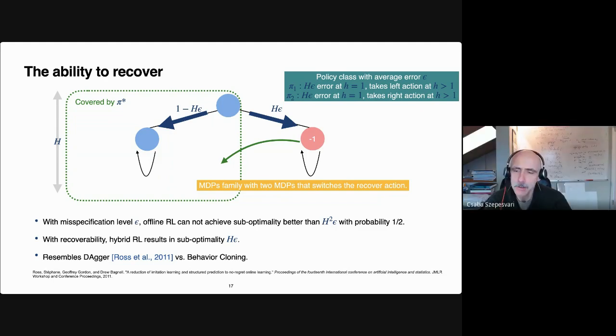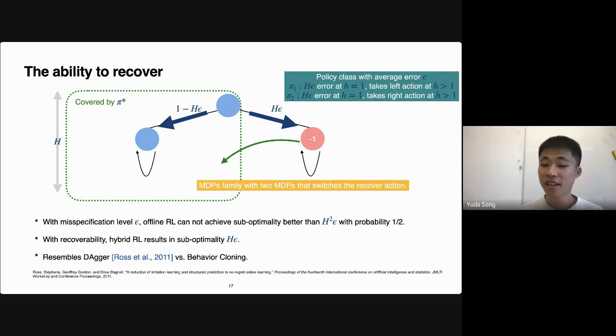I guess behavior cloning would be one, which we just discussed, and the other is, I guess, what people run: maybe epsilon greedy for the online case, because that's what people run, not any optimistic algorithm.